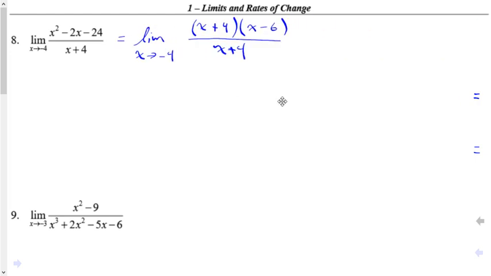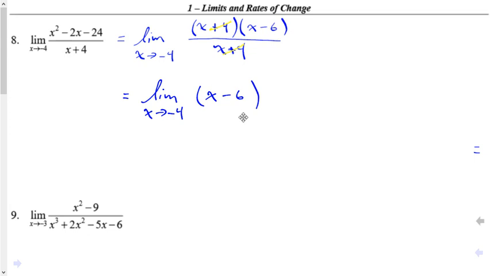And since x is approaching negative 4, we're expecting this x plus 4 to be the common factor, and we can see it here. So at this point, we can see that the x plus 4s both cancel out, which gives me the limit as x approaches negative 4 of x minus 6.